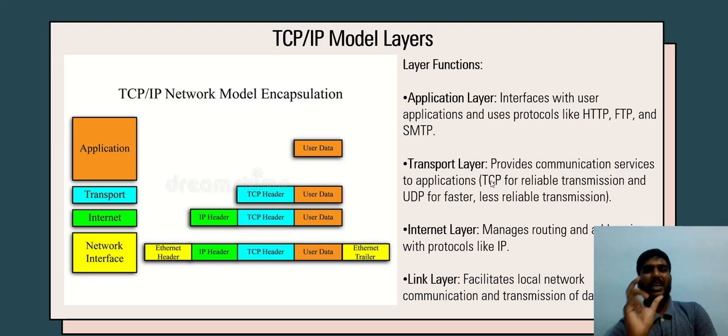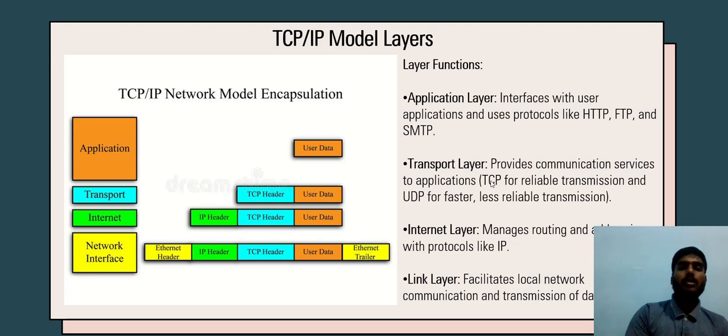TCP is connection-oriented, UDP is connectionless. That's it. The internet layer manages routing and addressing with protocols like IP. The link layer facilitates local network communications and transmission of data frames.